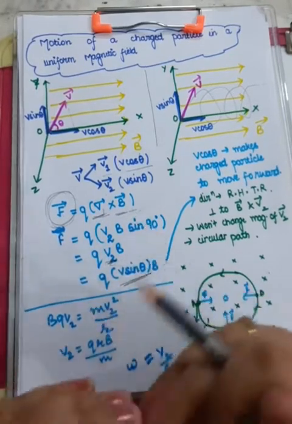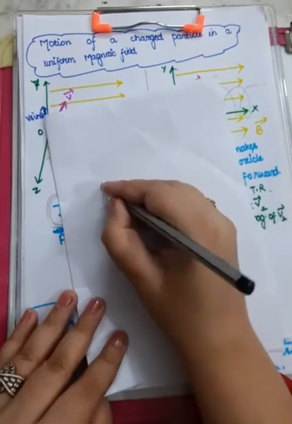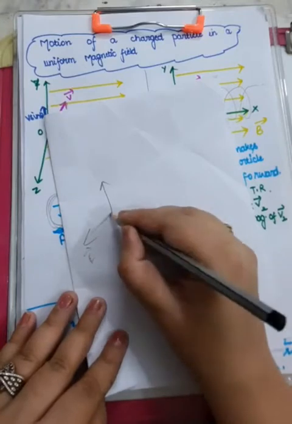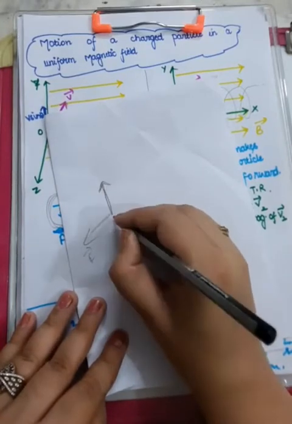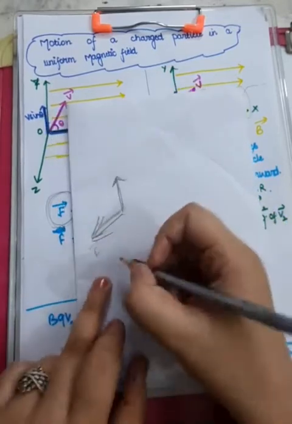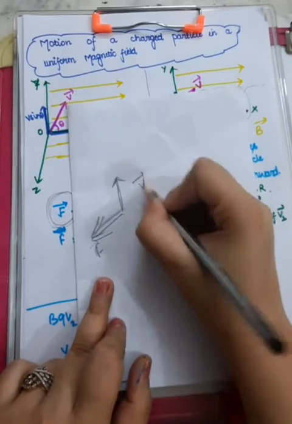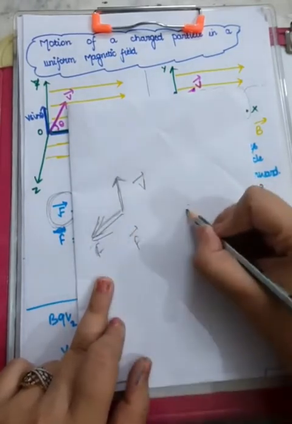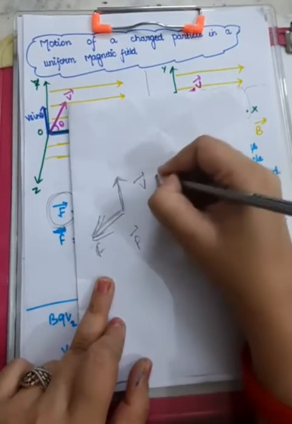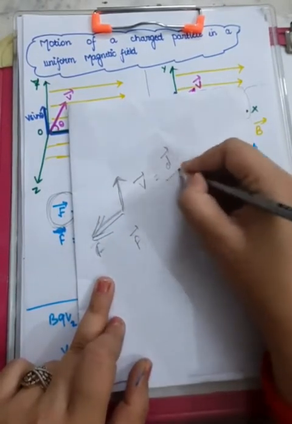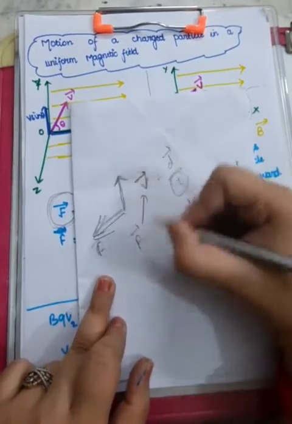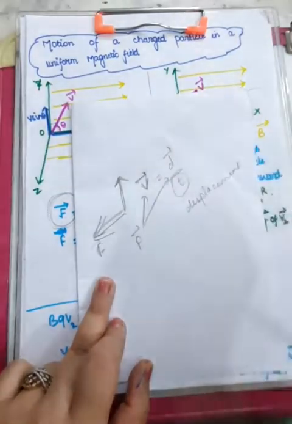See, this is the direction of v2. If F vector is perpendicular to this v2, this component of velocity is experiencing a force which is perpendicular to it. So if force is perpendicular to v vector, that means force is perpendicular to the displacement vector, because velocity vector means displacement vector upon time, and time is a scalar. So if F vector is perpendicular to v vector, F vector is perpendicular to displacement vector.